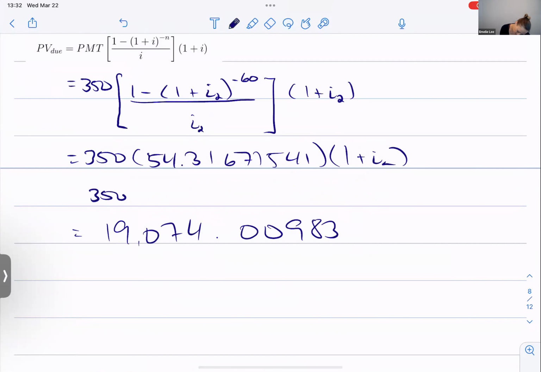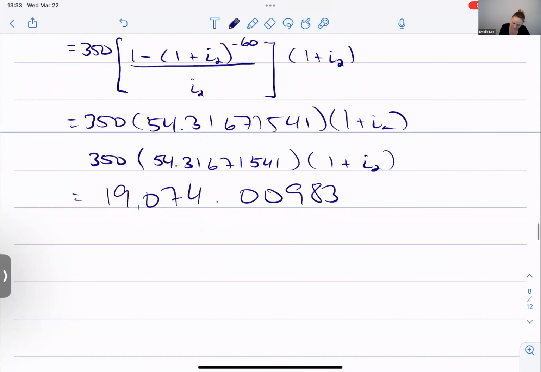So we have 350 times 54.31671541 times 1 plus I2.